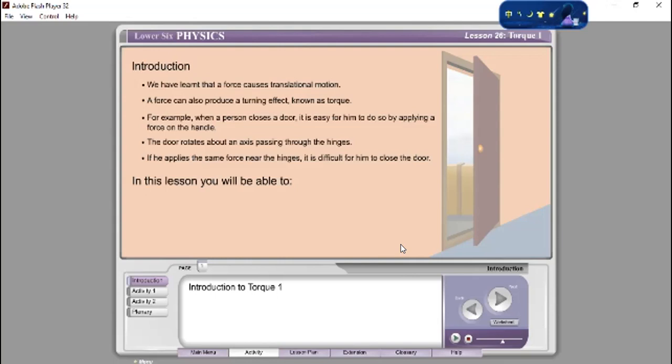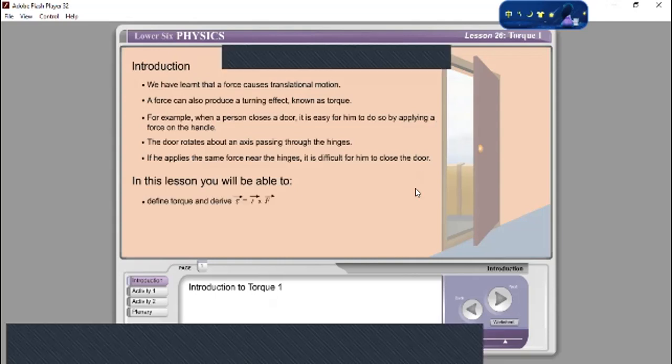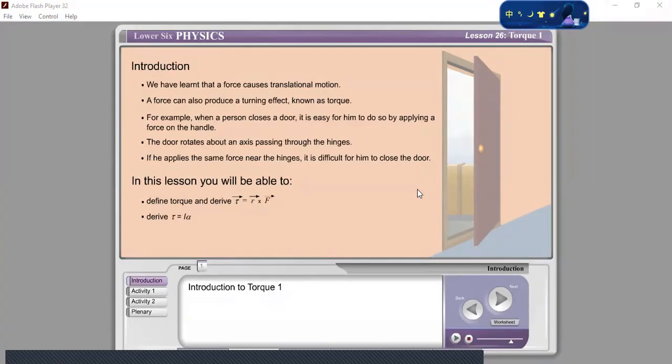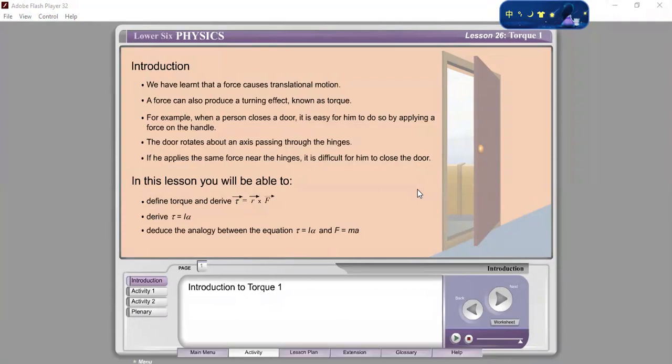In this lesson, you will be able to define torque and derive tau equals R times F. Derive tau equals I alpha. Deduce the analogy between the equation tau equals I alpha and F equals ma.